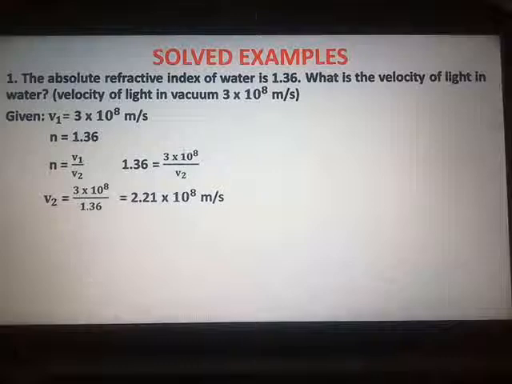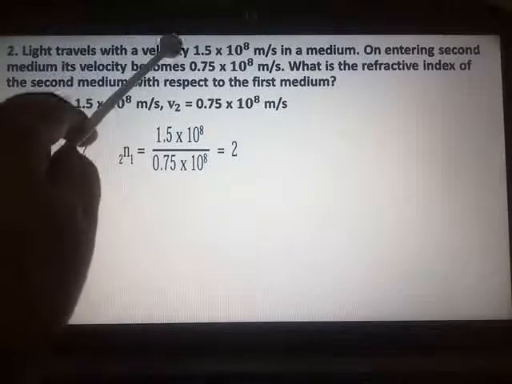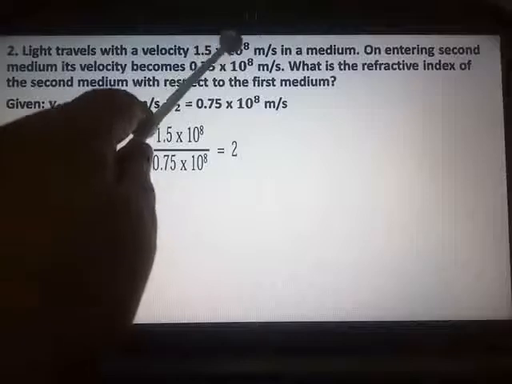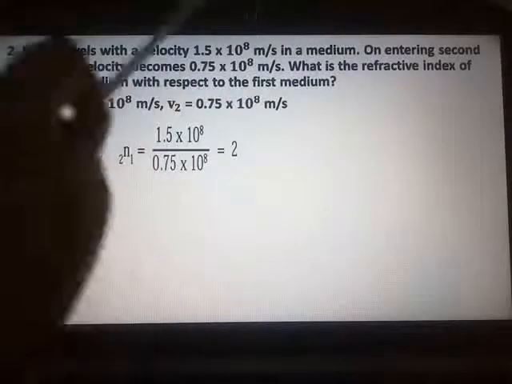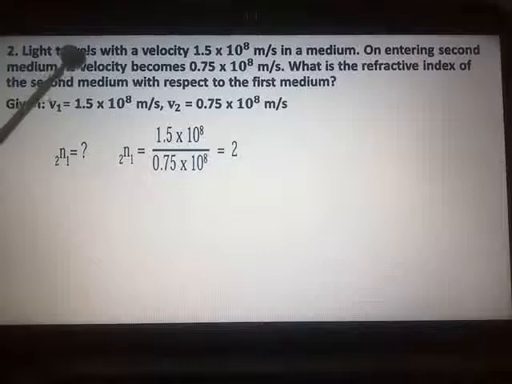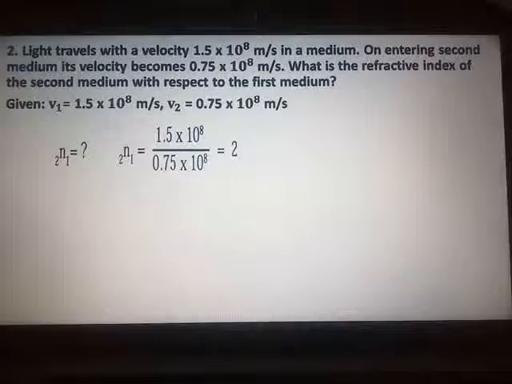The next solved example on the same page of your textbook. Example number 2. Light travels with a velocity 1.5 into 10 raised to 8 meters per second. On entering the second medium, its velocity becomes 0.75 into 10 raised to 8 meters per second.